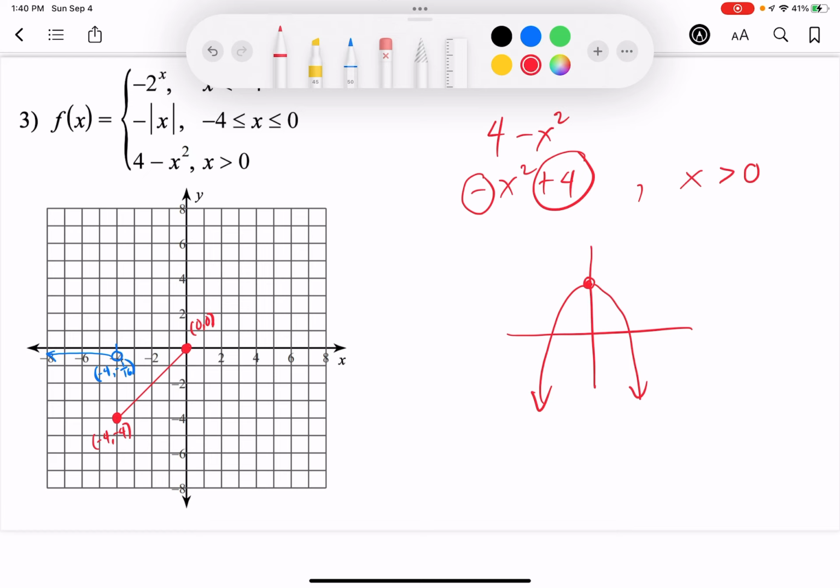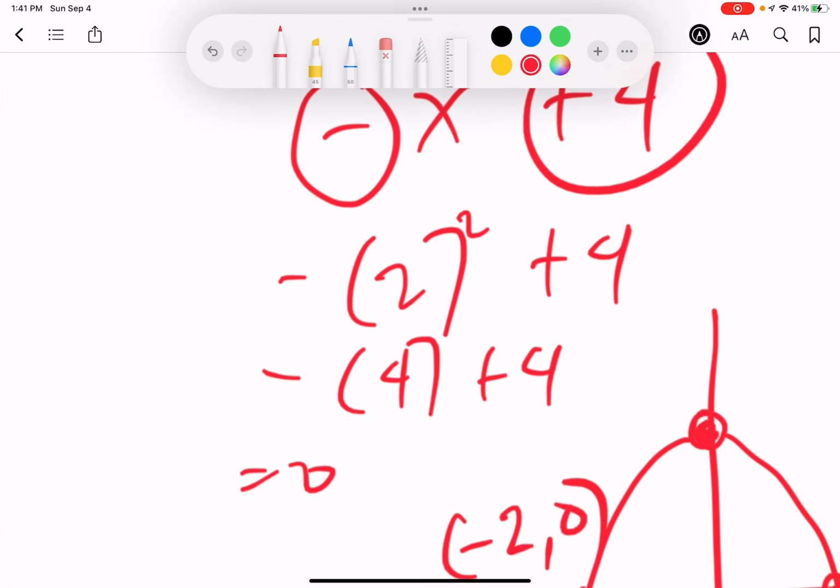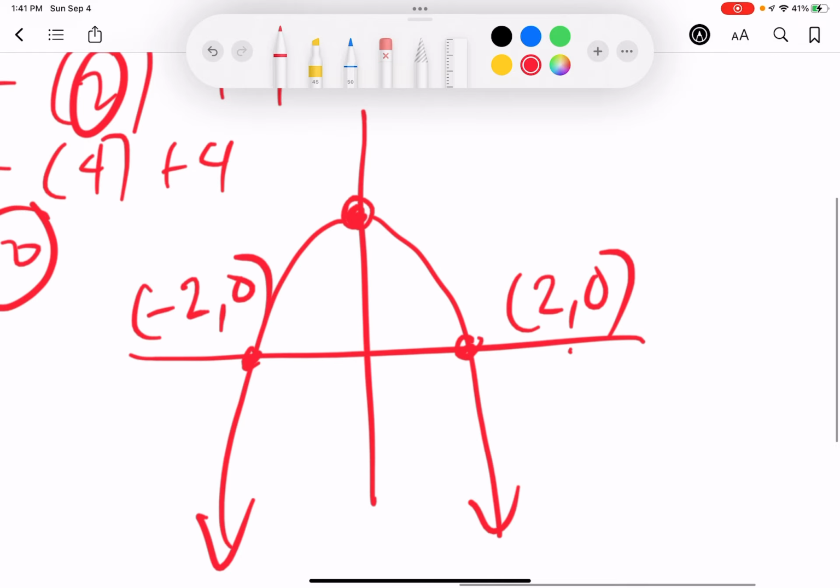Alright. So, ano kaya yung mga points dito? Ito ay 2, 0. Ito ay negative 2, 0. Tama ba? Kasi pag ginawa mong 2 ito, so negative of 2 squared plus 4, ano ba ang negative of 4? So, negative 4 plus 4 equals 0. So, at x equals 2, your y is 0. So, kaya 2, 0 ito.